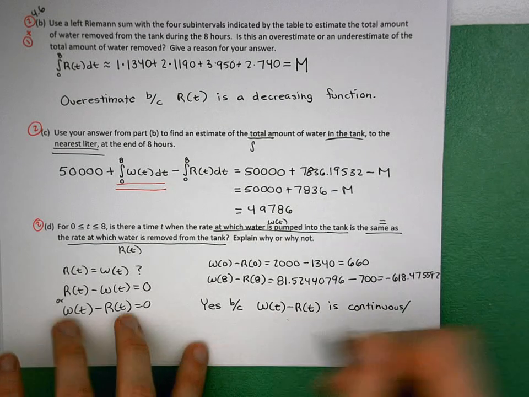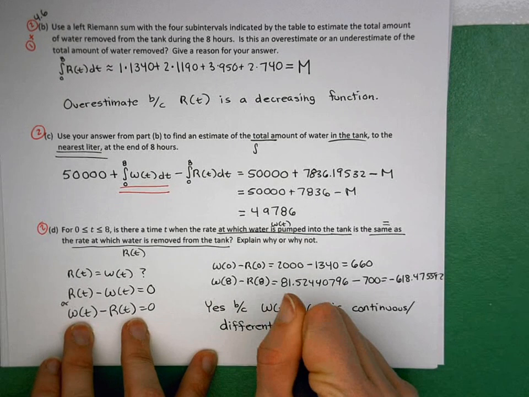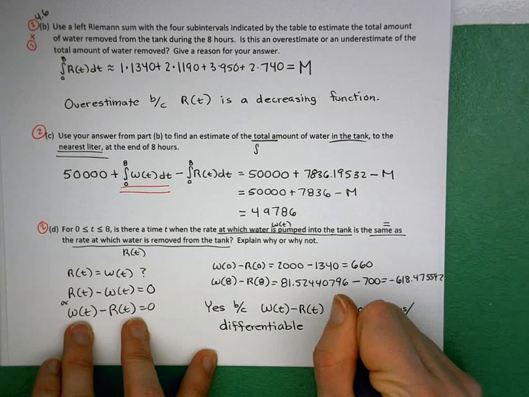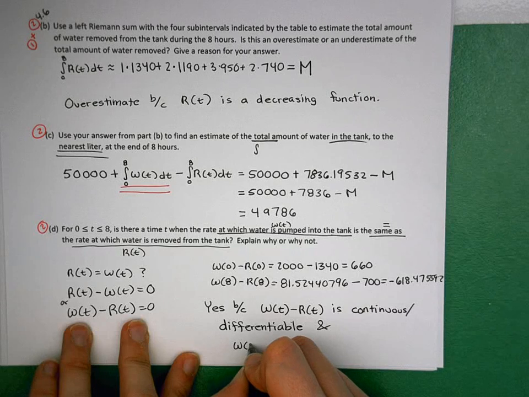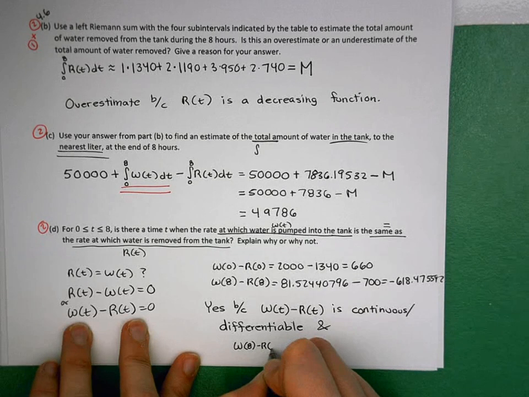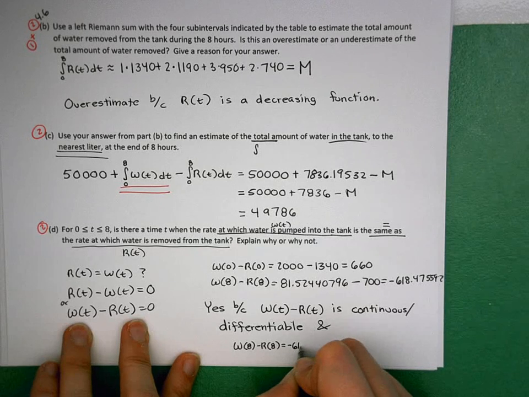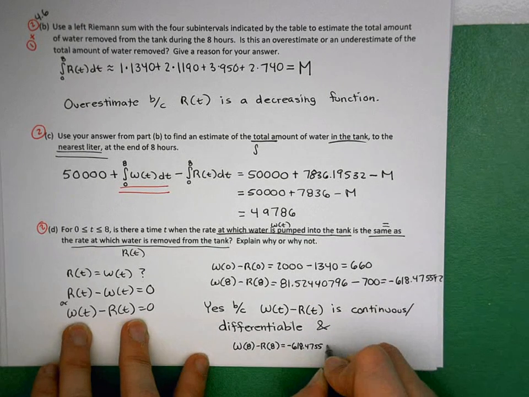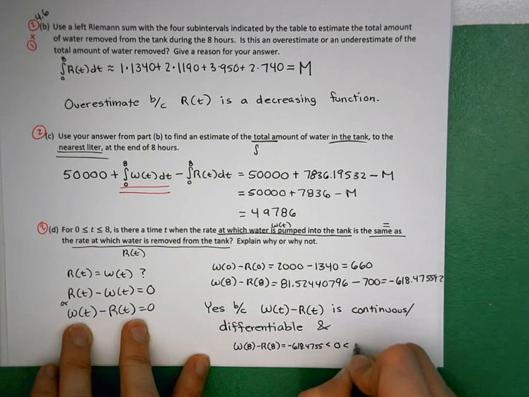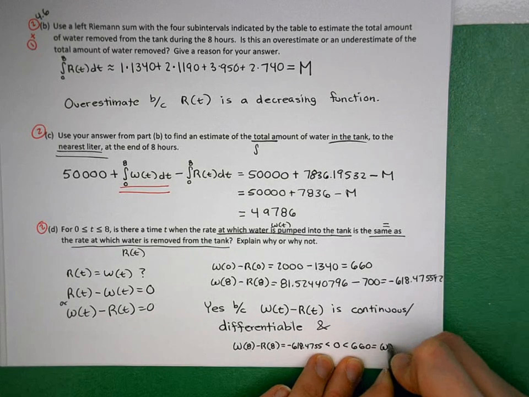And then articulating your bookends. So something about w of 8 minus r of 8 equaling negative 618.475592, which is less than 0, which is less than 660, which is what w of 0 minus r of 0 equals. Okay?